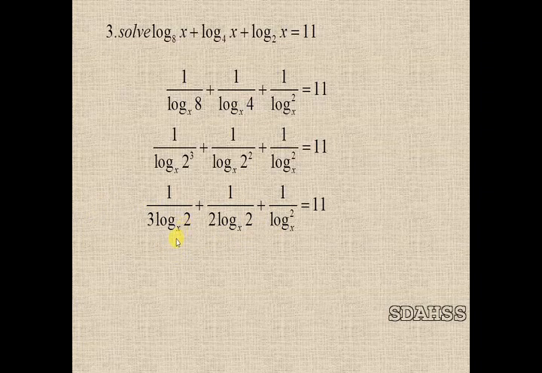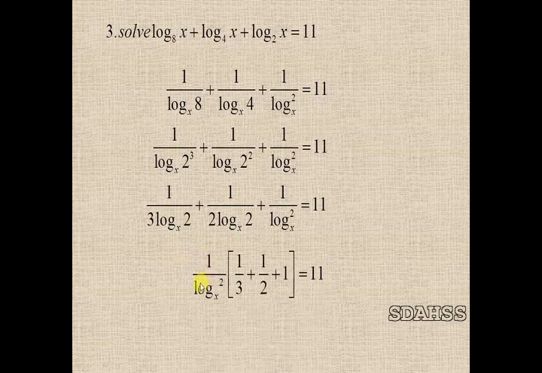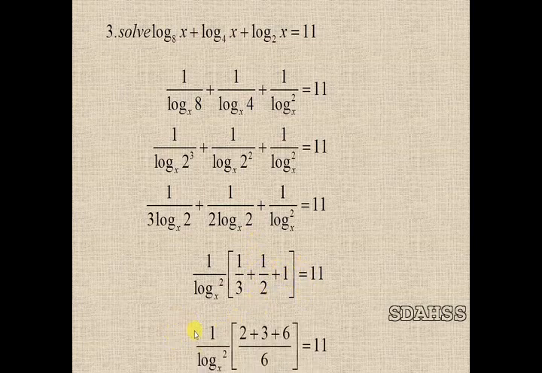Here 1 by log 2 base x is common, take it outside, so this becomes 1 by log 2 base x into 1 by 3 plus 1 by 2 plus 1 is equal to 11. Take LCM, so this becomes 1 by log 2 base x into, over 6, cross multiply, 2 plus 3 plus 6 divided by 6 is equal to 11.